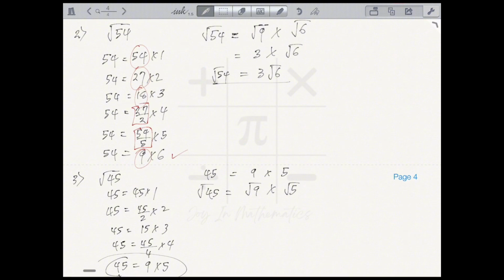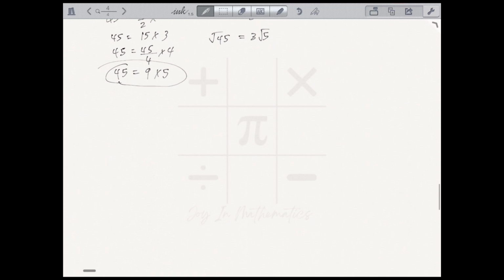Therefore, root 9 is equal to 3, and root 5 remains the same. So root 45 is equal to 3 root 5.